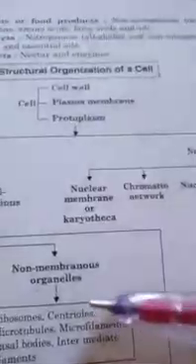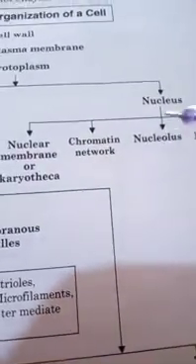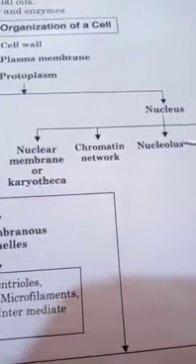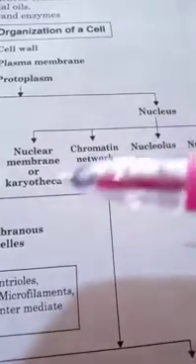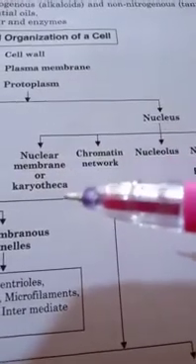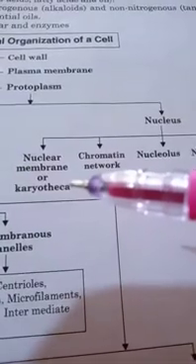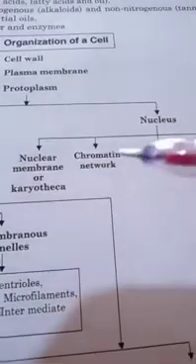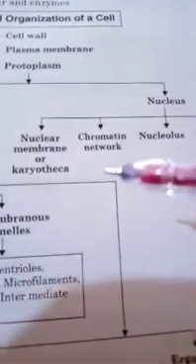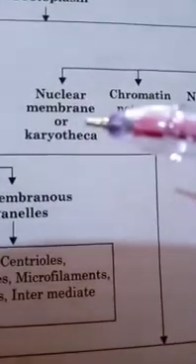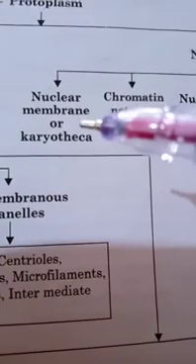Coming back to the second major category of the protoplasm, that is nucleus. Nucleus could be divisible into nuclear membrane or karyotheca, that is the limiting boundary of the nucleus, periphery of the nucleus, chromatin network, nucleolus, nucleoplasm, or karyoplasm. Of course, nuclear membrane is the outermost boundary or karyotheca.